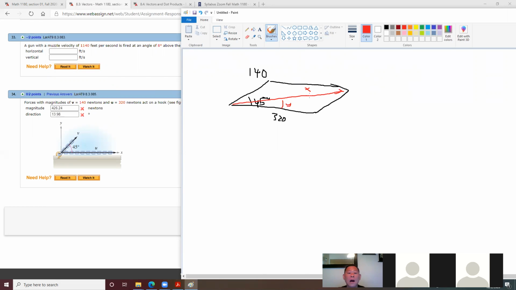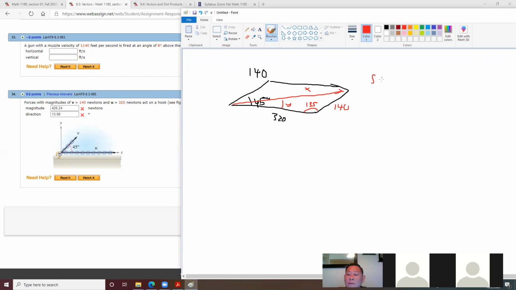So if this is 140, this is also 140. So 45, 45. We cannot find x first. If this is 45, then this should be 135, because the total of these two should be 180.